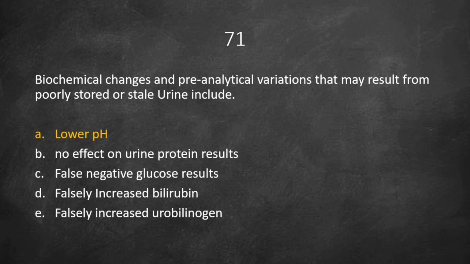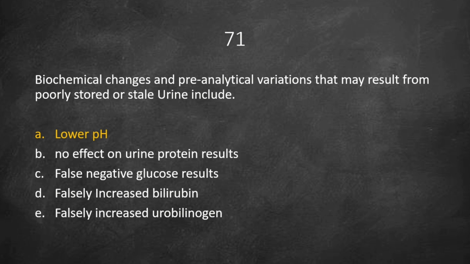And then if we look at option E, it says falsely increased urobilinogen. So urobilinogen can increase in stale urine due to the bacterial degradation of bilirubin and other substances.